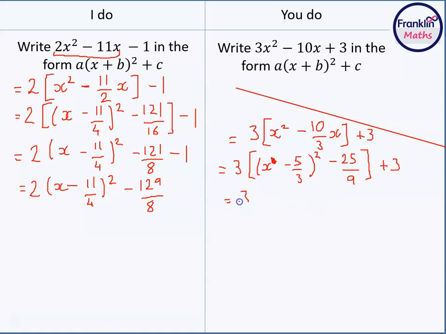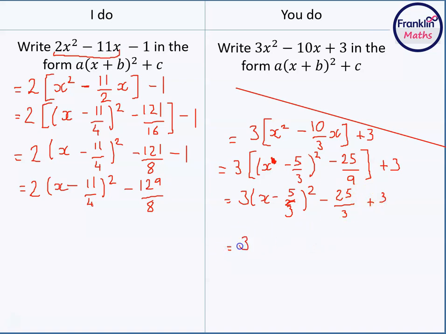Now we're going to try and get rid of the square brackets by just multiplying out. Oh, got to the bottom of the board there. Multiply that by 3, so divide the denominator by 3, plus 3.